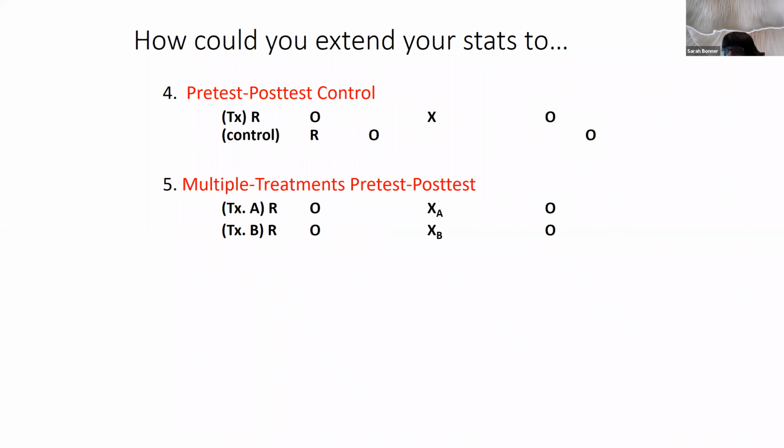You can also think about extending your stats. Again, this is the little slide where I've got my R's and my O's not lined up correctly, but you have random assignment. You have a pre-test and a post-test for each group, your treatment and your control.